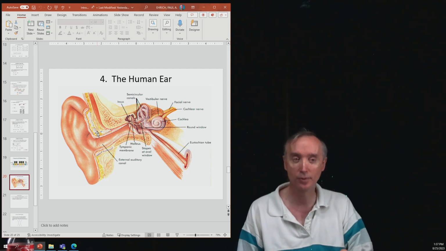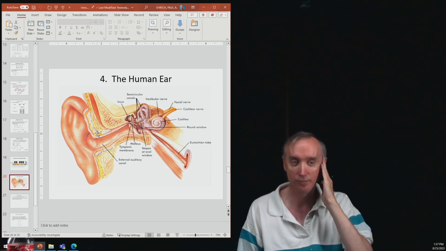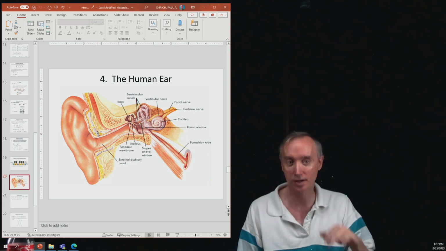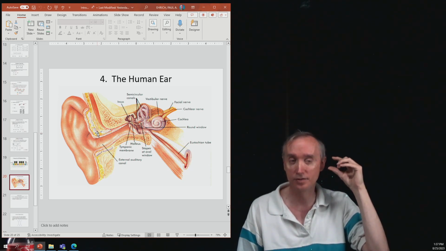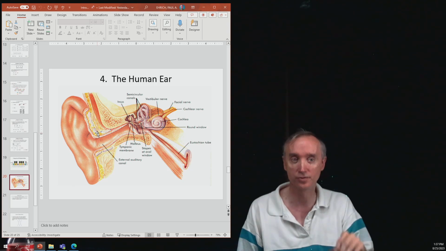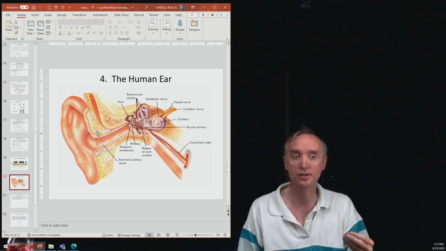It's very, very painful. Now imagine if your eardrum was located on the outside of your ear. That would be very painful if someone just tapped you on the side of your head. So your eardrum is further into your skull, and the ear canal is there for protection.